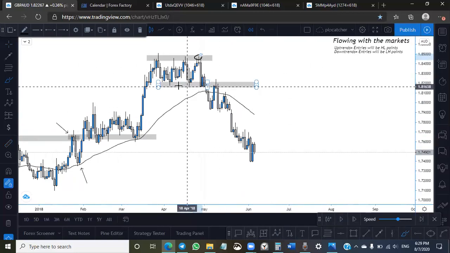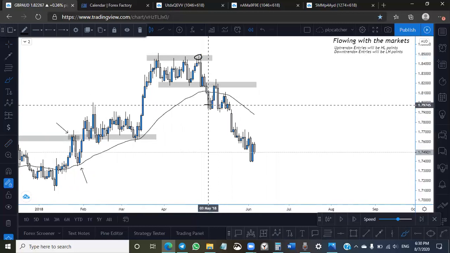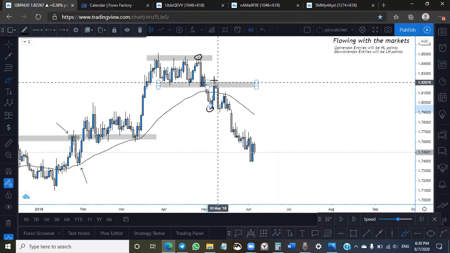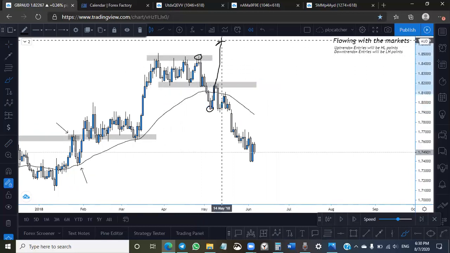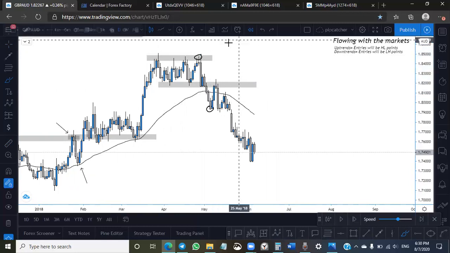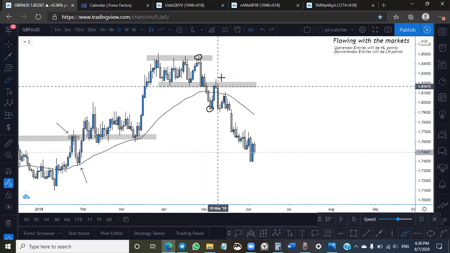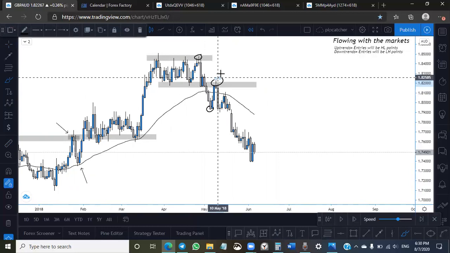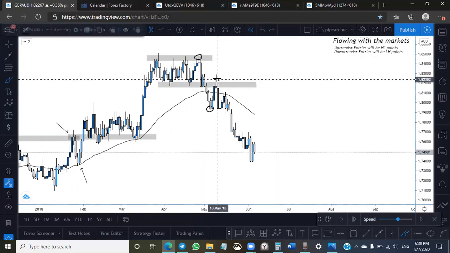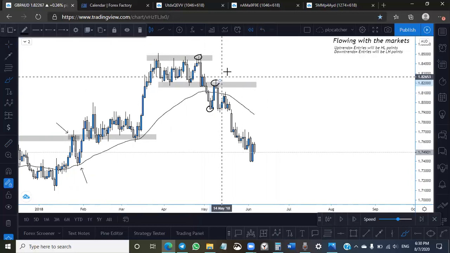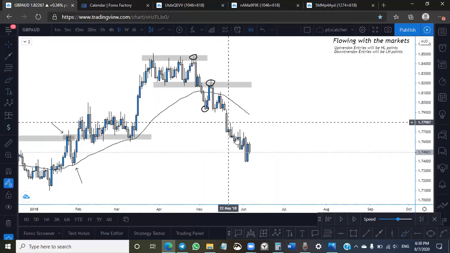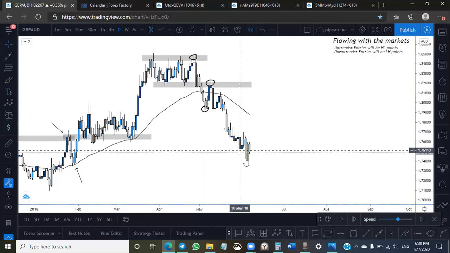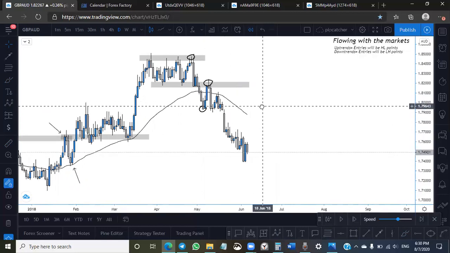Price broke through these lows, giving us a lower low. Okay, and then since price did not come back up above this area here, giving us a higher high, right now we have a higher low in this area here. And now we have continued to the downside even more.